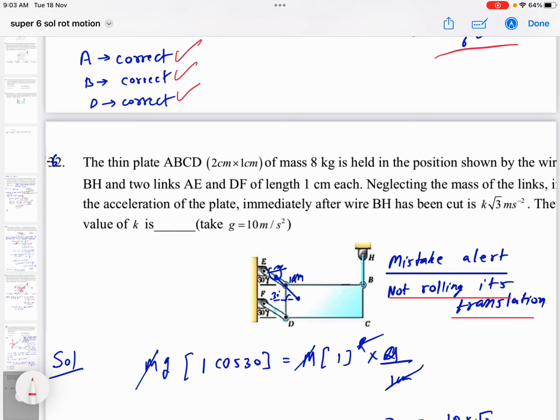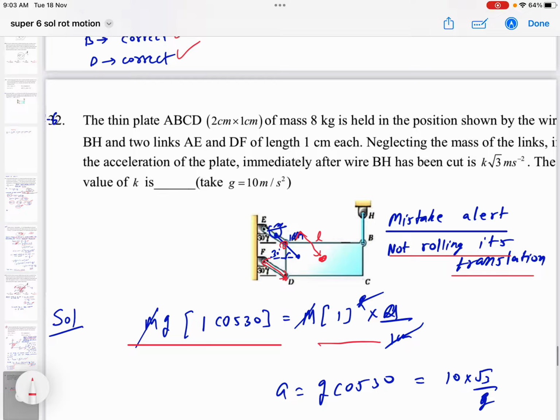Now all the points are moving on a circle with radius equal to this length. Like this, you can say the center of mass also is moving on a circle. You can assume the length is L. Then net torque is equal to I alpha.